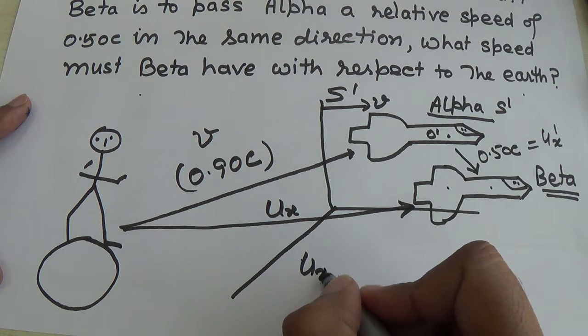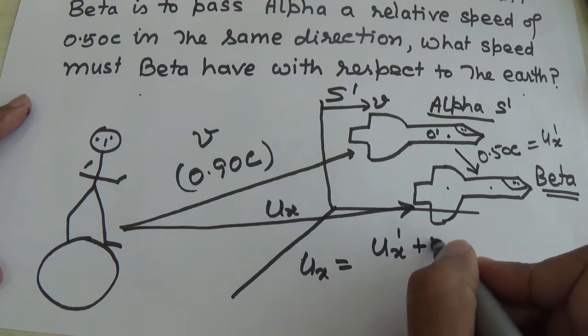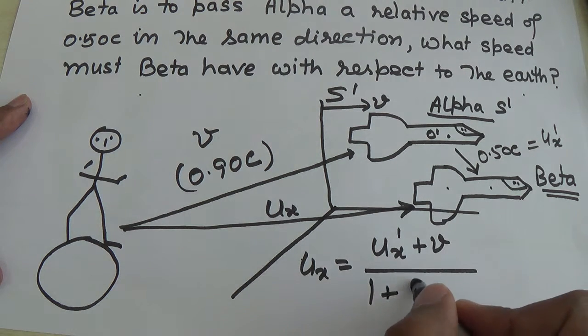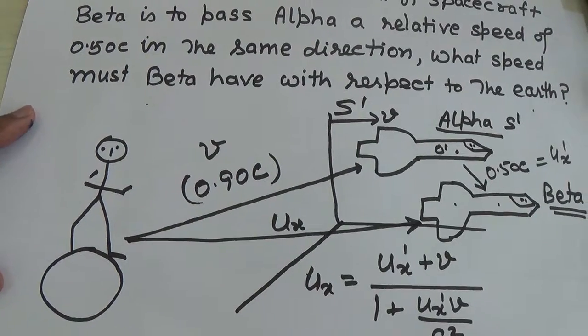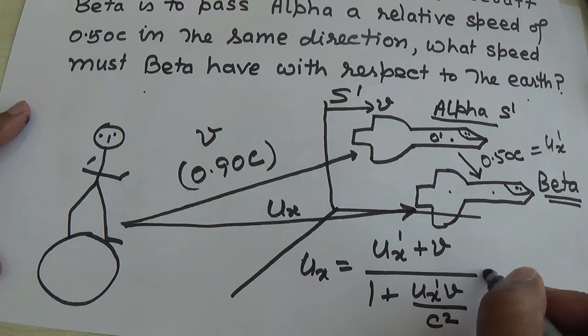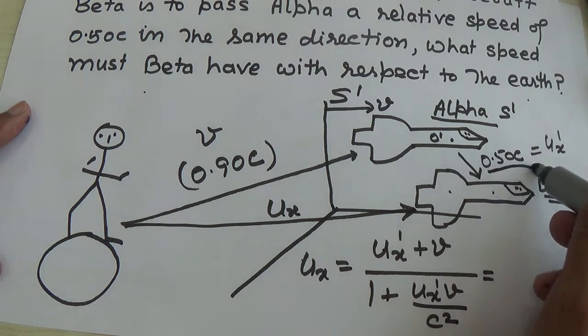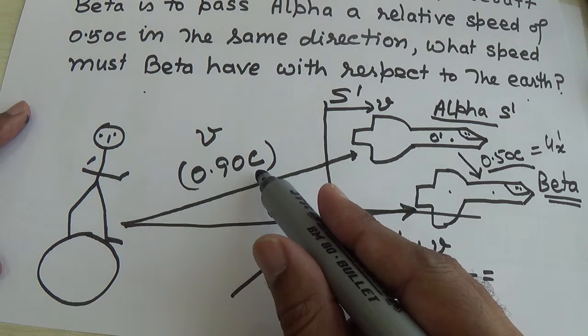So ux is equal to, again the same formula, ux prime plus v upon 1 plus ux prime v upon c square. Ux prime is given, that is 0.50 c. V is also given, that is 0.90 c.